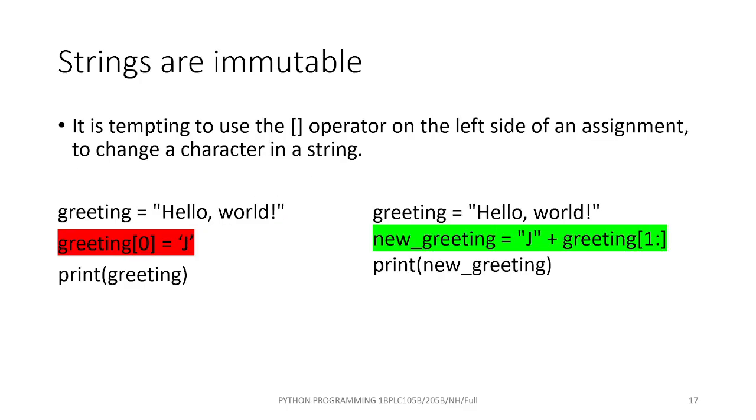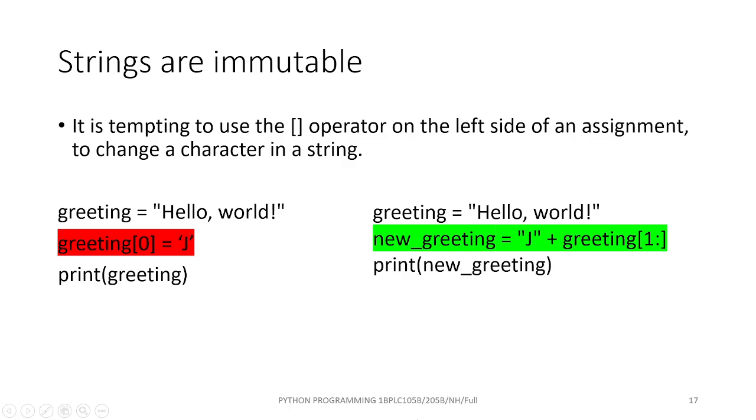Strings are immutable. Immutability means you cannot change. Strings do not allow you to modify a character, but in some cases you want to alter. In such cases you have to go to that place, add a new character, then retain the remaining characters. We'll see that.